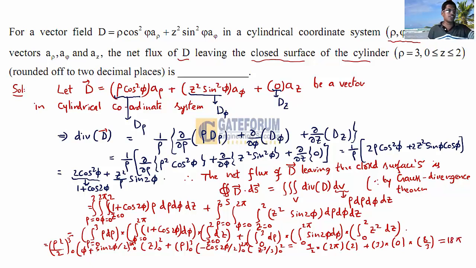For deciding the answer, this is not in the options. Up to 2 decimal places is mentioned. So with the pi value 3.14, approximately this is 56.55.